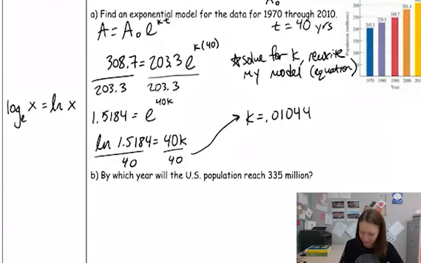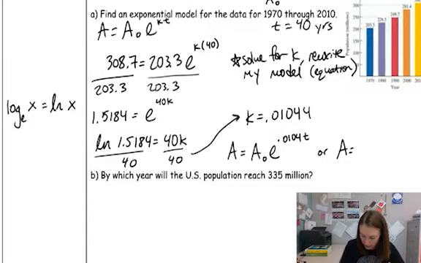Doesn't hurt anyone. So our exponential model is A equals A sub 0 e to the 0.0104t. Or if you put A equals 203.3 e to the 0.0104t, that's also fine.